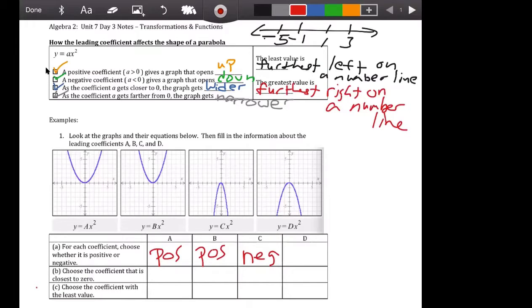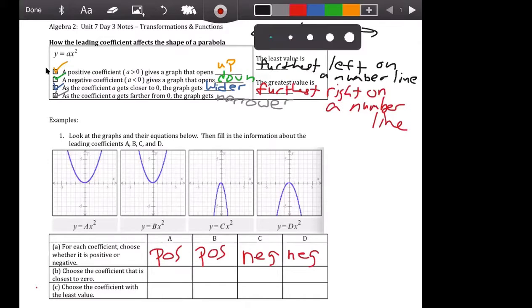And then D as well, it is concave down, so it is going to be a negative little a value. So the negative coefficient, A is going to be less than 0 if it is concave down, or it opens down. Okay, so let's go to the next question, question B.